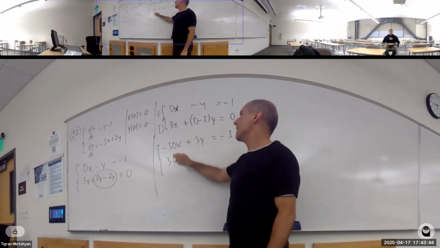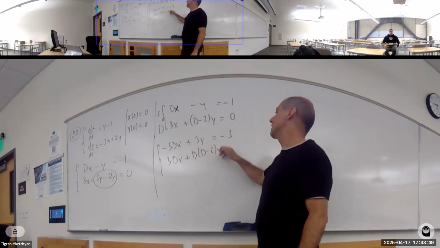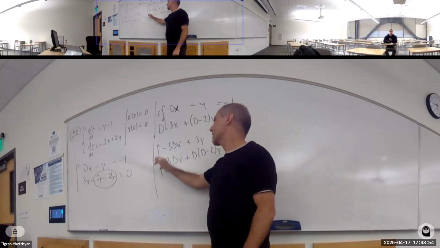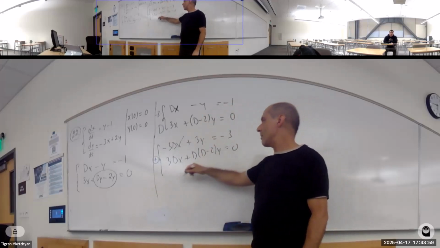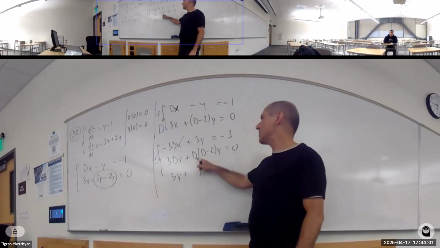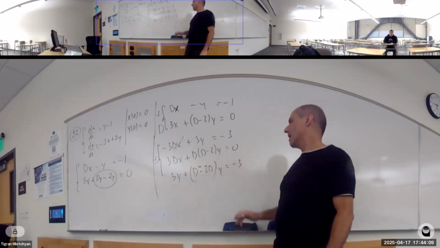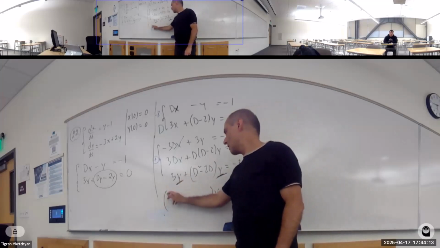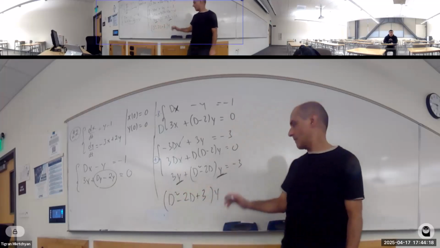The next one is 3Dx plus D times that. If we add, those guys will go away. I'm going to add them, but at the same time distribute this D. We can also factor out that y, so it's D squared minus 2D plus 3.